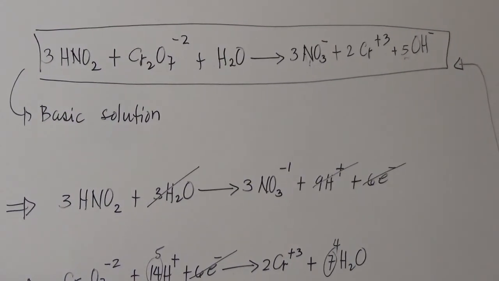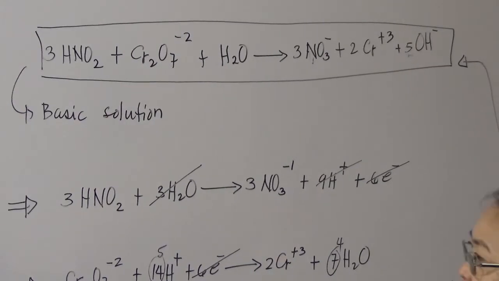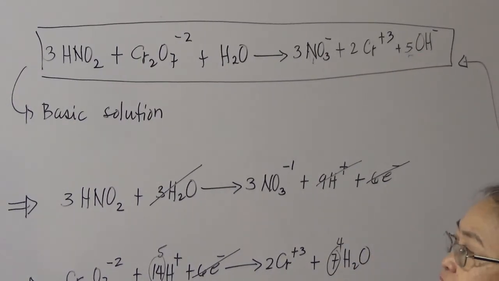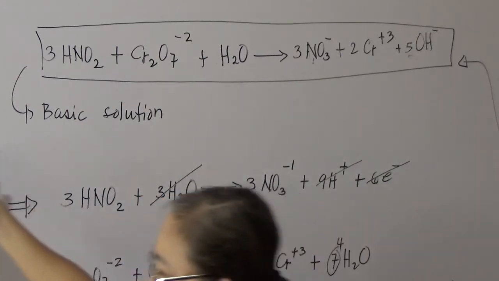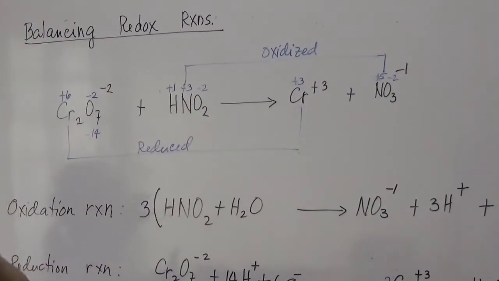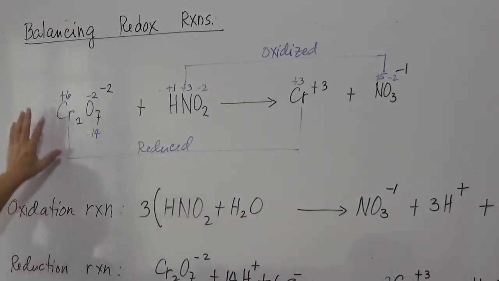So we're going to summarize the steps. First, if you're given an ionic equation, the first thing you're going to do is determine which one is being reduced and which one is being oxidized, in order to get the two half reactions. And how to do it?